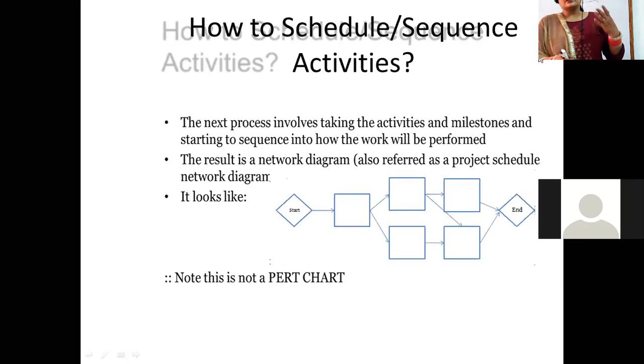The next process is how to schedule or sequence activities. We have divided the tasks and activities. Now the next phase is how to schedule and sequence the activities. The next process involves taking the activities and milestones and starting to sequence how the work will be performed.